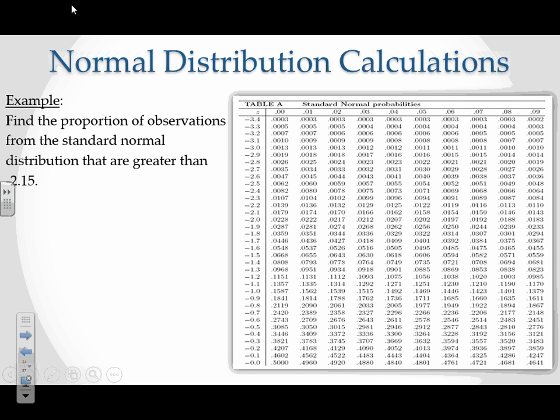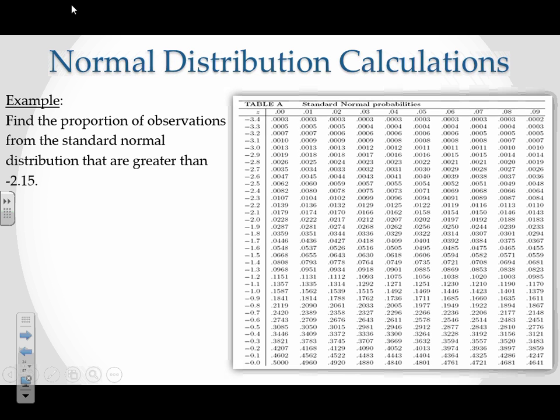So let's try this one out. Find the proportion of observations from the standard normal distribution that are greater than negative 2.15. So there's a negative there. So the first thing we need to do is take our table. We need to be on the negative side. So go through and find the value associated with negative 2.15.